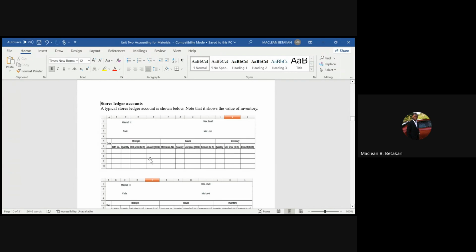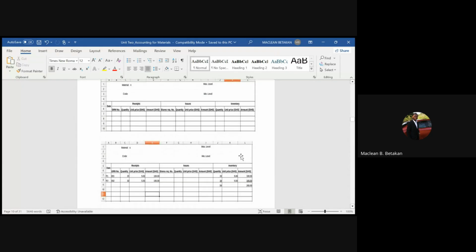So when you buy materials, you record it under the receipts, then you send it to the balance, which is the inventory. Then when you issue the material, you subtract it from what you already have, record it under the issues, and the difference left is recorded under the balance.